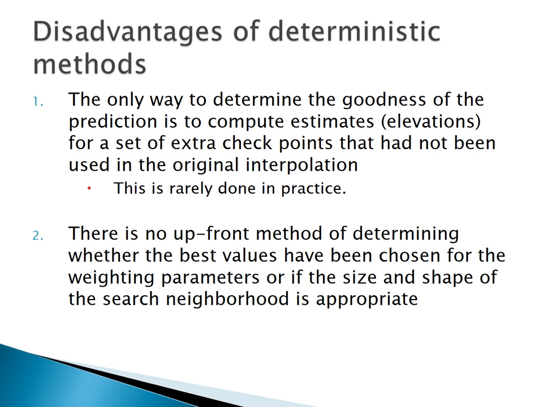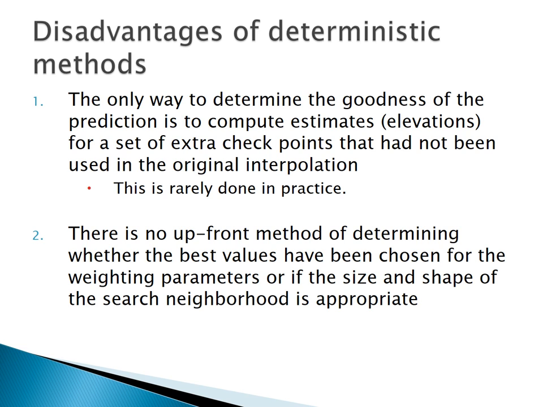There are a couple of disadvantages of deterministic methods, and that is all the other methods that we talked about in this class. One of them is that we have no way to really say that the points we are choosing to estimate our values are actually the best ones, because we use sampling, right? We choose an optimal sampling rate, and then we try to model based on that.